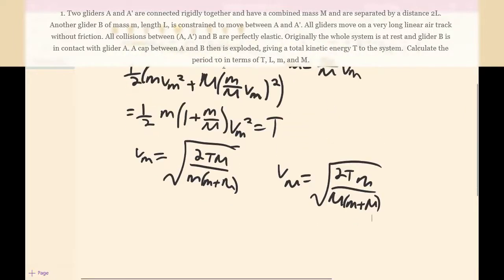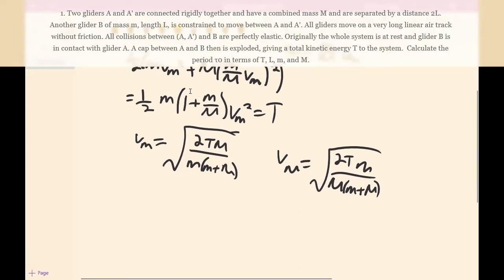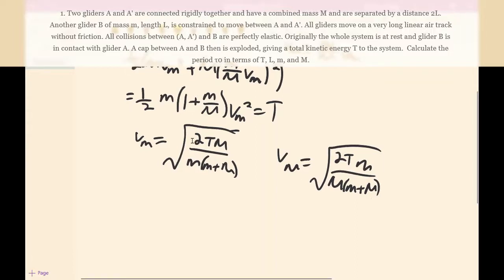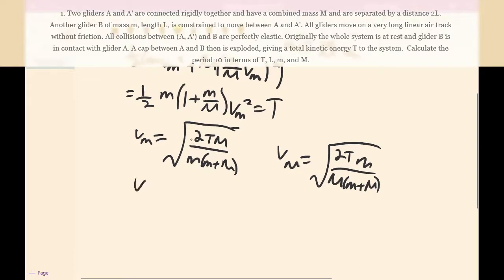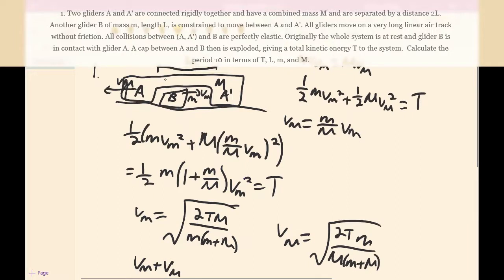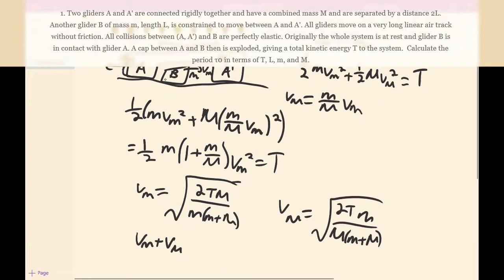And so if we look at it from the frame of the big glider, the A and A prime, in that frame, the big glider isn't moving, while the small glider B would be moving with a velocity of V small m plus V big M. So then in that case, one period would be back and forth across this length 2L, so that would be 4L.